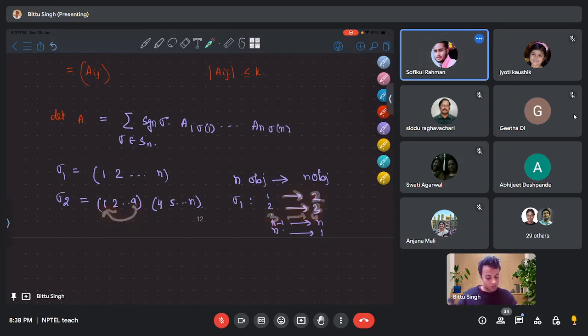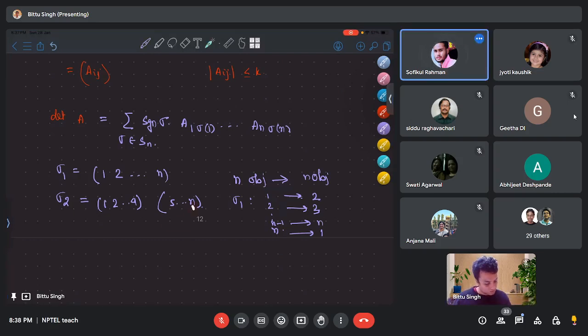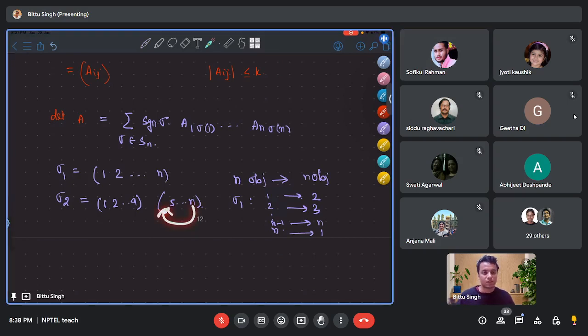But what is the step after that? Now there will be no 4 again, because 4 is already consumed. So now 5 goes to 6, 6 goes to 7, and up to n minus 1 goes to n, and then n goes to 5.